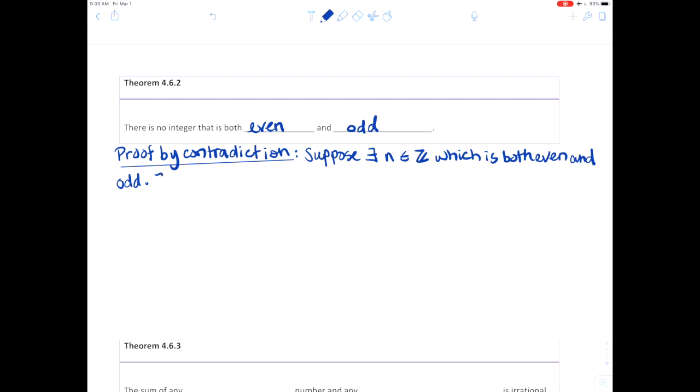Well, by definition of even, there's going to exist a k that belongs to the set of integers such that n is equal to 2k.